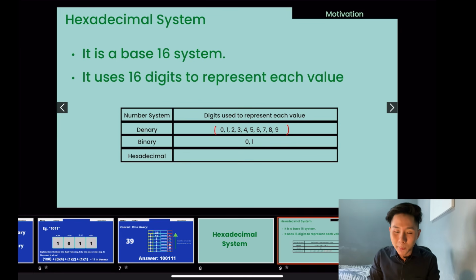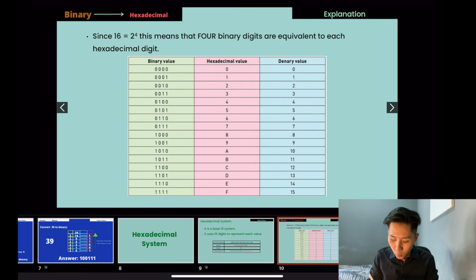And in hexadecimal, there are 16 values. First up, from 0 to 9, and it's not followed by 10, but instead it's followed by characters, which is A to F. So in hexadecimal, the unique values range from 0 to the character F. We have a table here which maps binary into hexadecimal and denary.